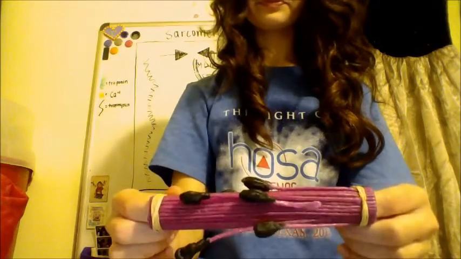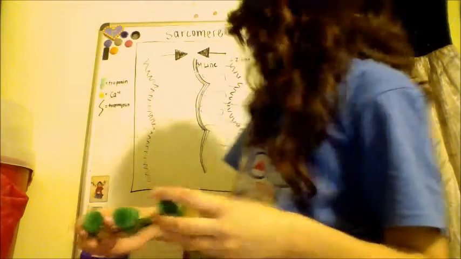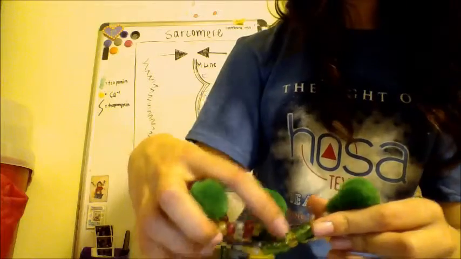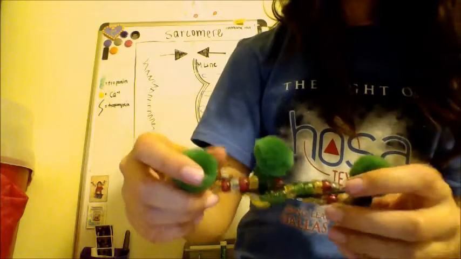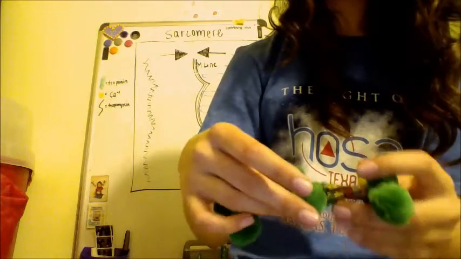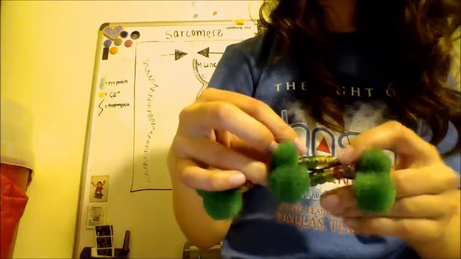And if we want to look closer at these, this is the myosin, and they have the myosin filaments, which we will later discuss. And then there's the actin, which contains this black stuff called tropomyosin. And then the green is troponin. And I'll explain the functions of those later.